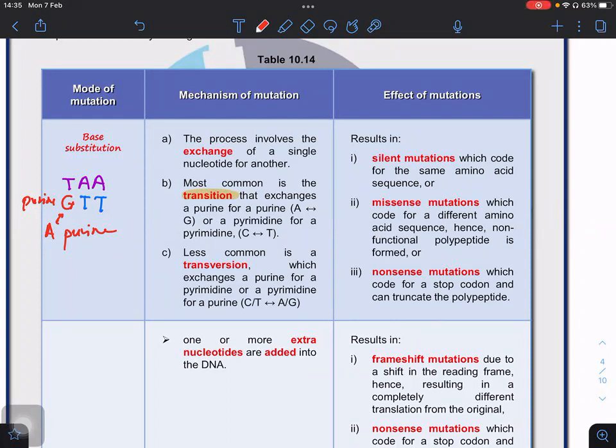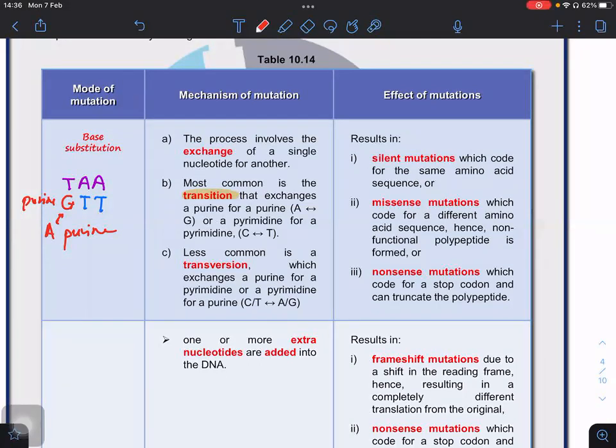Transversion, basically you exchange purine with pyrimidine. So what will happen here? Now try to imagine. Purine is longer, right? Two rings. Pyrimidine, one ring. Are you clear? If originally it is pyrimidine, now you exchange it with purine, you can see the DNA now bulging. Purine is longer, 1.2, pyrimidine is 0.8, so together they maintain the DNA diameter at 2.0 nanometers.